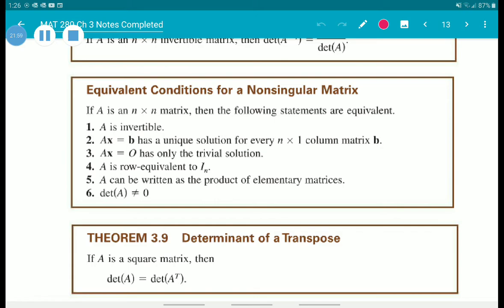So now we can build even more conditions for a non-singular matrix. And we started this a section or two ago. We said if A is an n by n matrix, then all of these statements are actually going to be equivalent statements. If A is invertible, then that means that AX equals B has a unique solution for every n by 1 column matrix of B. And we talked about this just a second ago.